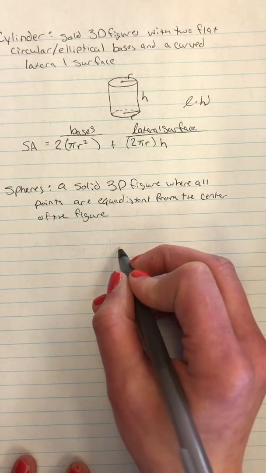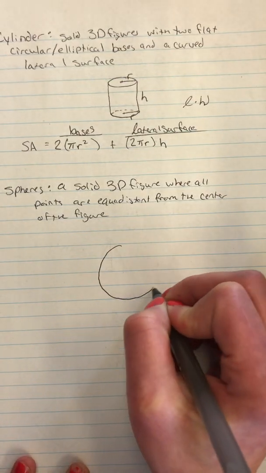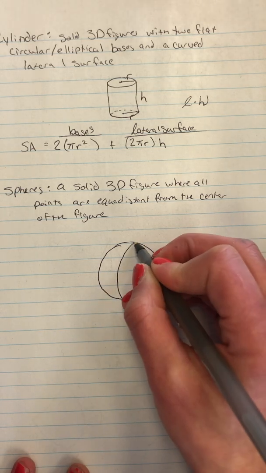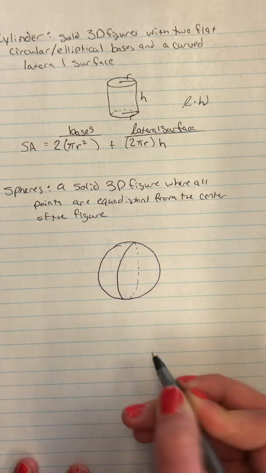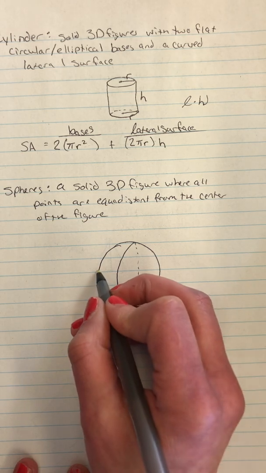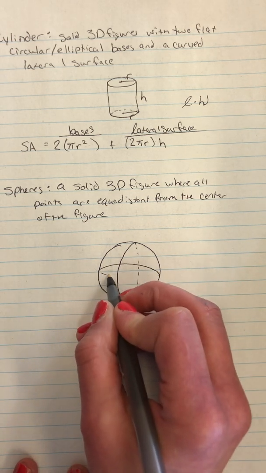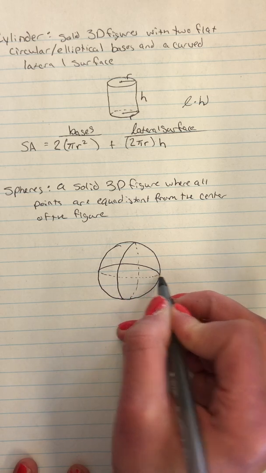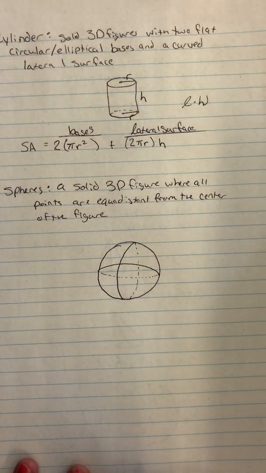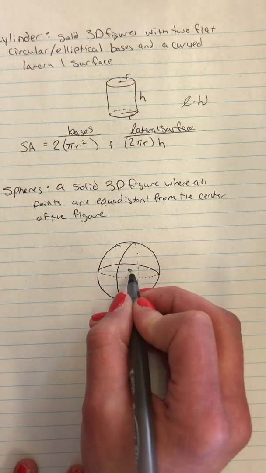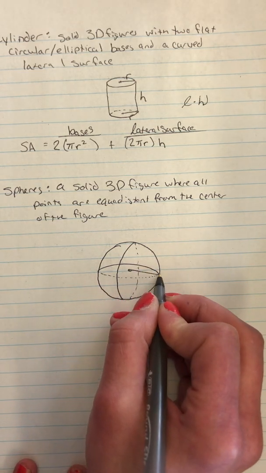And let's draw a little example. I start with a circle, then I draw a line to show dimension. Remember, the dotted lines are behind the figure. So for this one, again, the radius is from the center to the lateral surface.